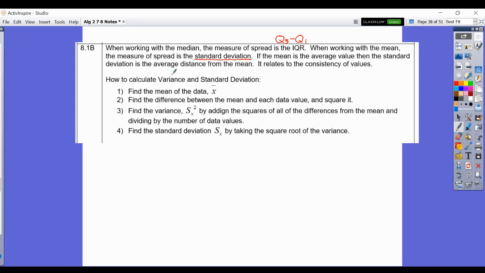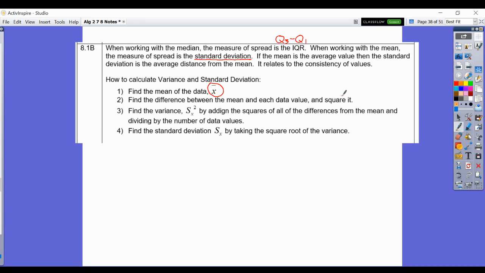How to calculate standard deviation? Well, in the process of calculating standard deviation, you actually find another somewhat useful tool called variance. So here are the steps. First of all, you find the mean. If you haven't seen it before, X with a bar over the top is the symbol for mean. We just find the average. Then you find the difference between the mean and each and every data value.